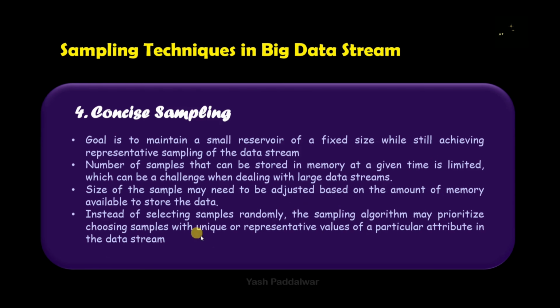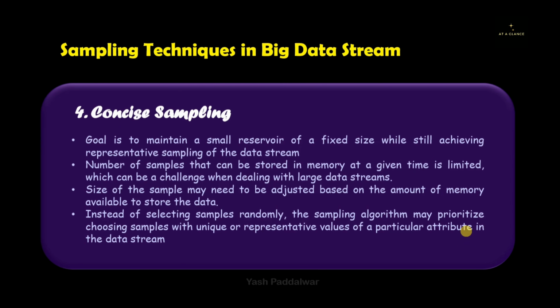Now one more speciality of this concise sampling technique is that instead of selecting random samples, that means instead of selecting random records from the entire data stream, this technique chooses the samples with unique or representative values of a particular attribute.